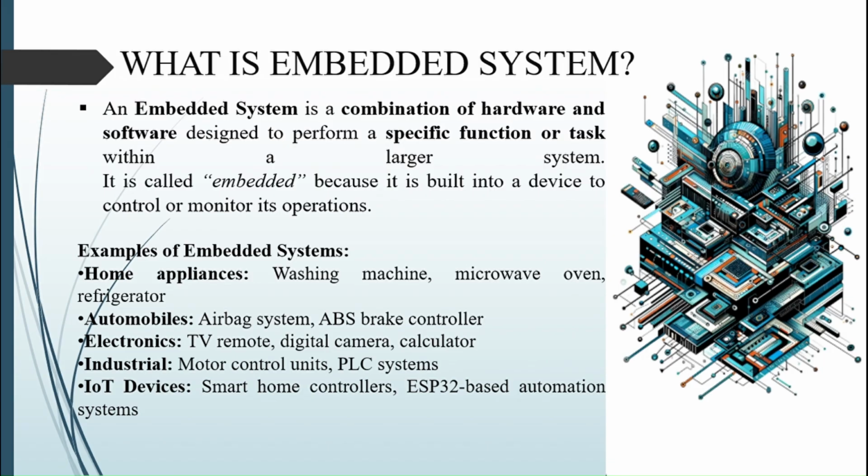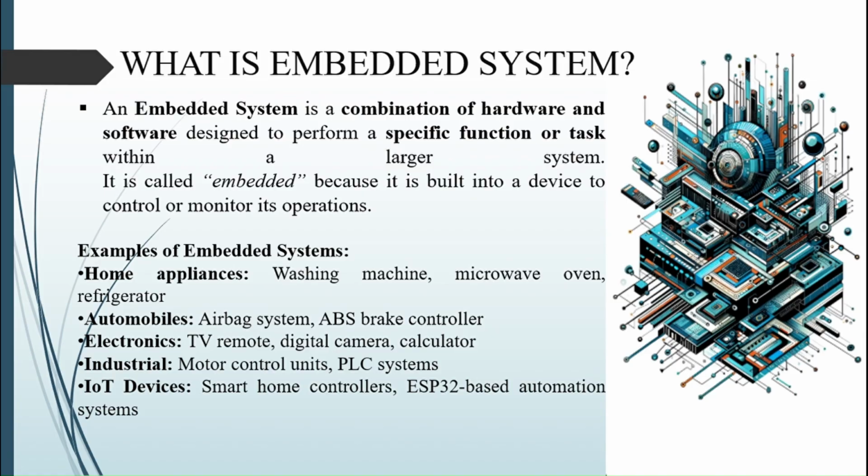Next slide is what is an embedded system. An embedded system is a combination of hardware and software designed to perform a specific task or function. It is called embedded because it is built inside the device to control and monitor its operation. Examples are home appliances like washing machine, microwave, and refrigerator.